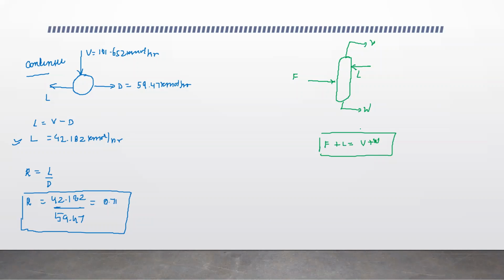Once we are done with this, let's come to recycle with chemical reactions. If chemical reactions are involved in recycle, or not just recycle, let's even take bypass. Suppose this is my unit, and from here I have my feed.